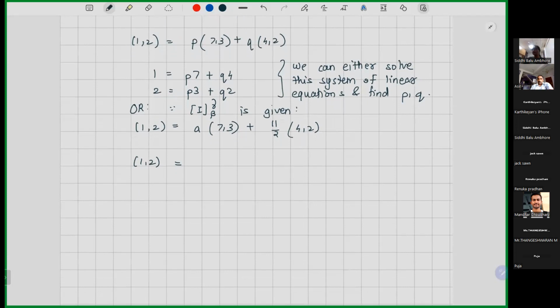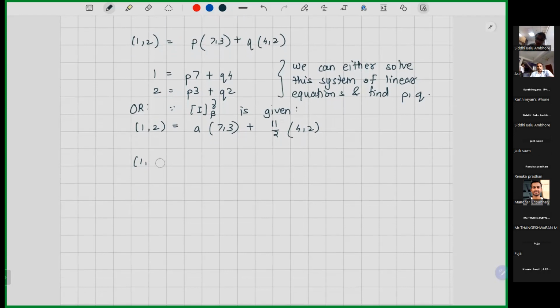So it gives me that 1 will be A7 plus 11 by 2 into 4, and 2 is A3 plus 11 by 2 into 2. So this will give me 7A plus 22.